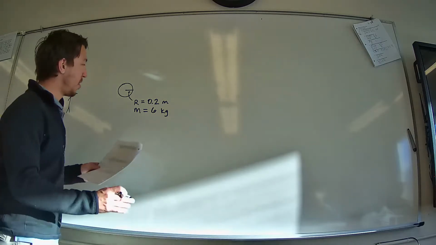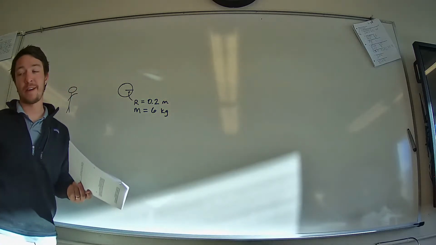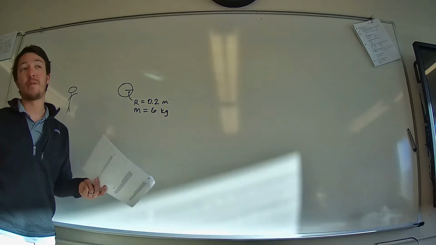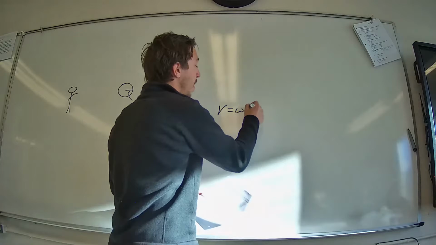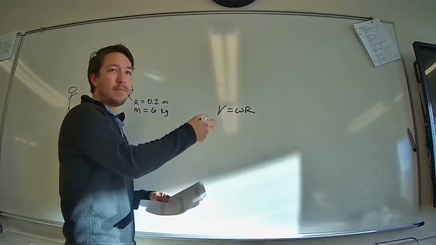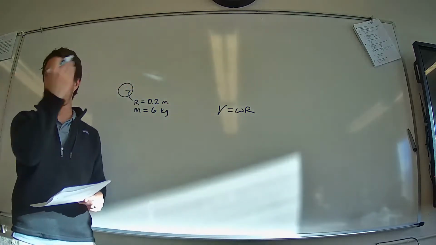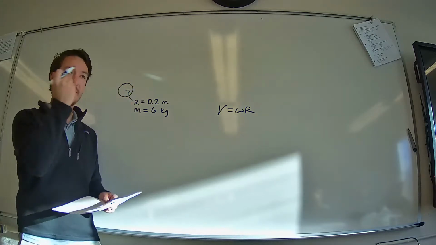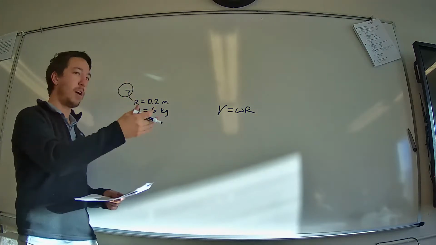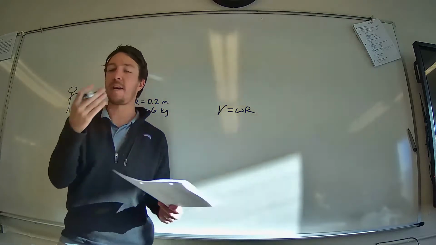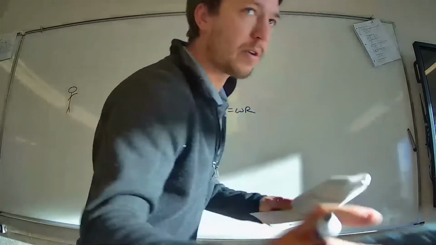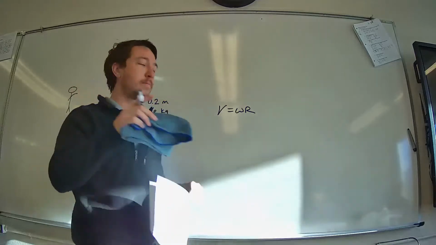Okay, so notice the ball's not rolling. If the ball were rolling, you could write V equals omega R and maybe use that. But does that make sense, how a freely traveling ball could be spinning super fast and traveling pretty slow, unlike a rolling ball where those two quantities are tethered to one another?